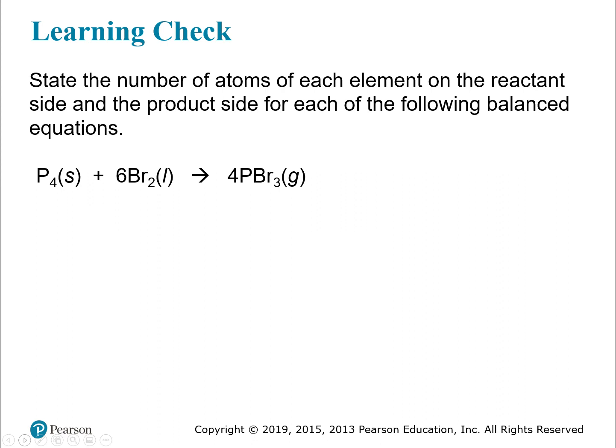We need to figure out the number of atoms of each element on the reactant side and the product side for this balanced equation. I'm going to show you the chart that I make, and this is the method that I use when I'm balancing equations too, not just checking for whether an equation is balanced or not.